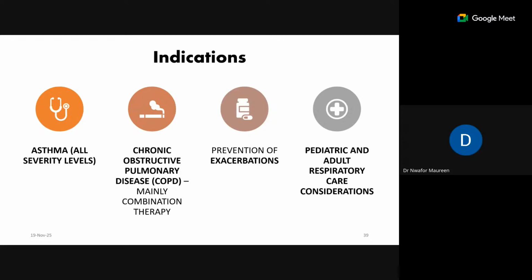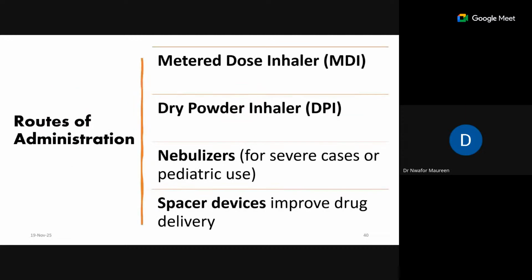Respiratory care considerations: we still use them for both pediatric and adult patients. For routes, you can use MDIs, DPIs, nebulizers, spacer devices. You can use these devices to administer the inhaled corticosteroids.